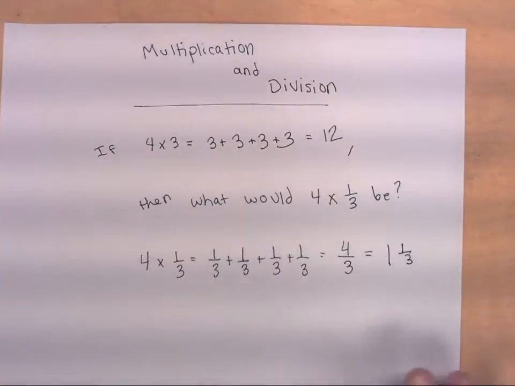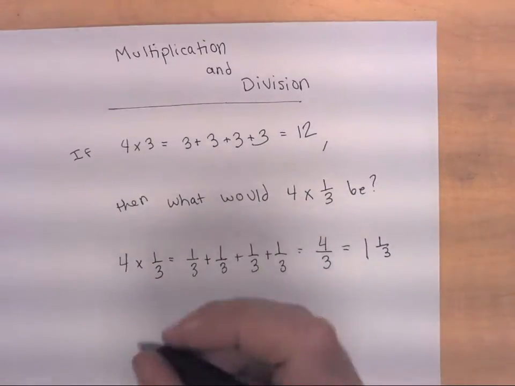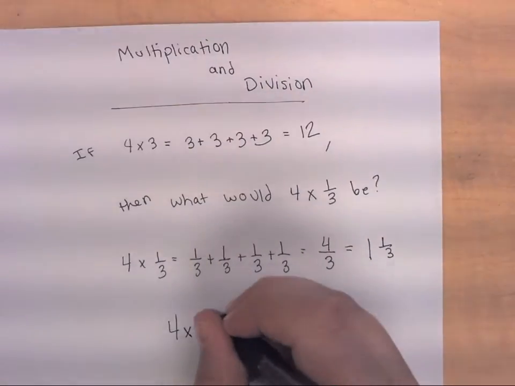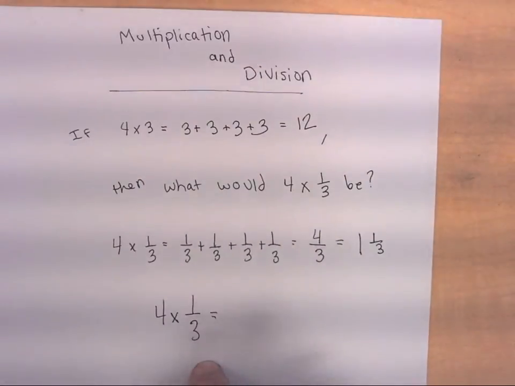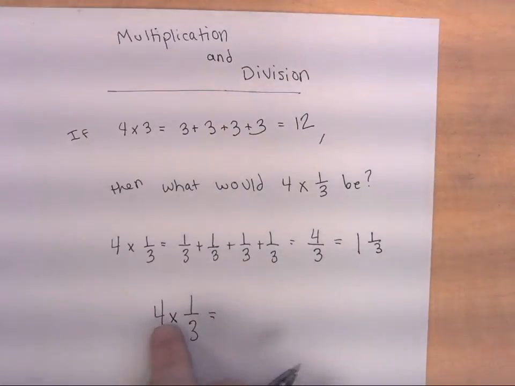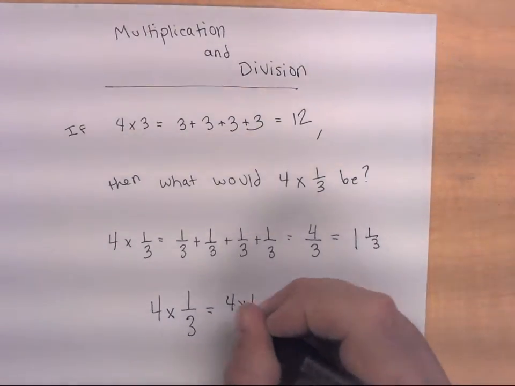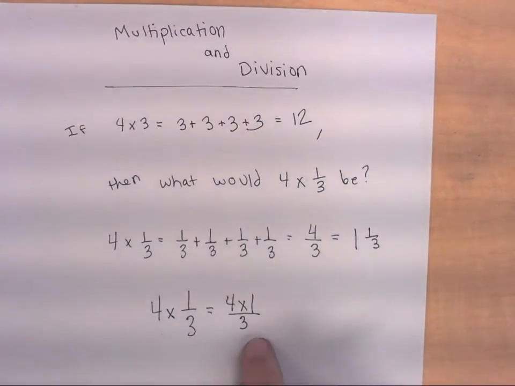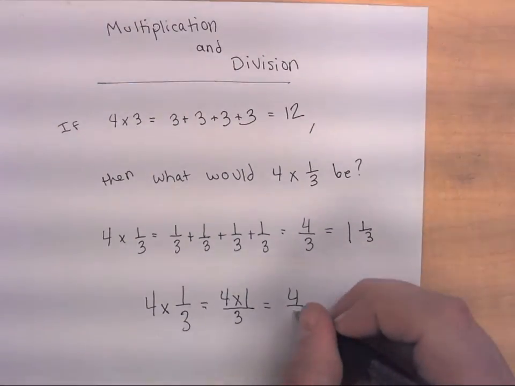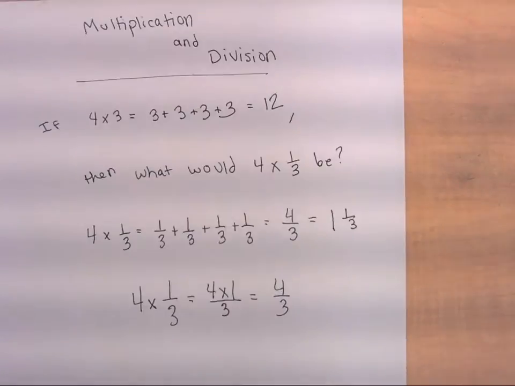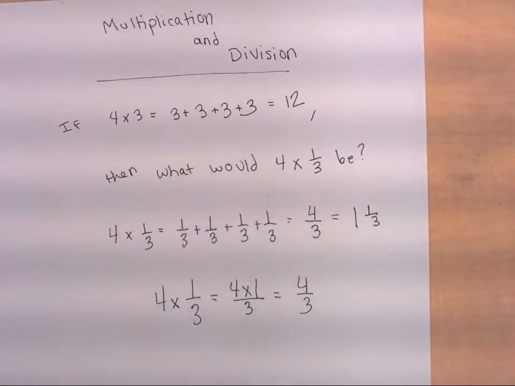As we work through some examples, students recognize that a more efficient way of evaluating 4 by 1/3 would be to simply multiply the whole number in the numerator while keeping the denominator the same. And so that was a really neat connection for students to make as well.